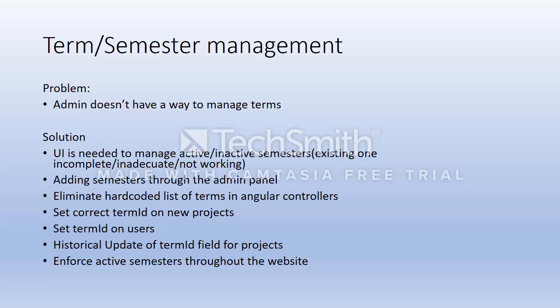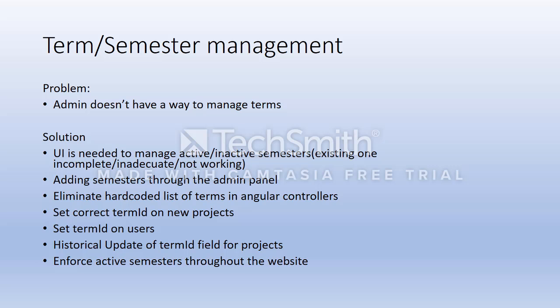You can now only get a list of all users active right now, which is a lot smaller and better for performance reasons. For example, in the admin panel users table. Also related to that, to the term ID being set incorrectly on projects, you need to keep in mind that that term ID has been set incorrect in basically all projects since this application was deployed.